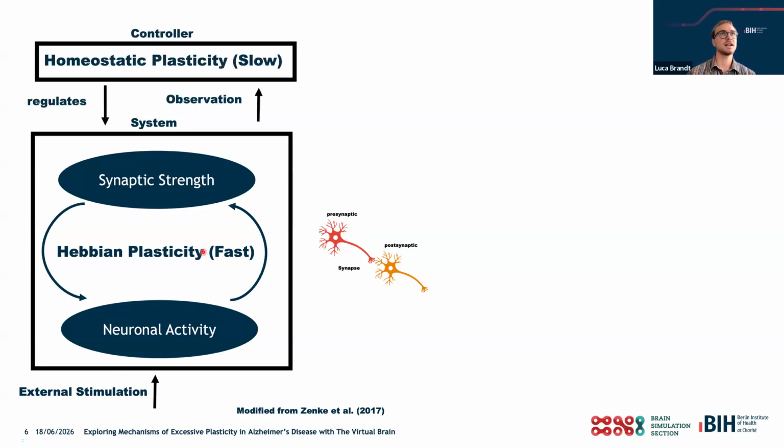And there comes in homeostatic plasticity, which is a regulatory form of plasticity. So depending on the activity of the system and the synaptic strength, it has different mechanisms to regulate the plasticity. So I really like this control theoretical view on plasticity here.